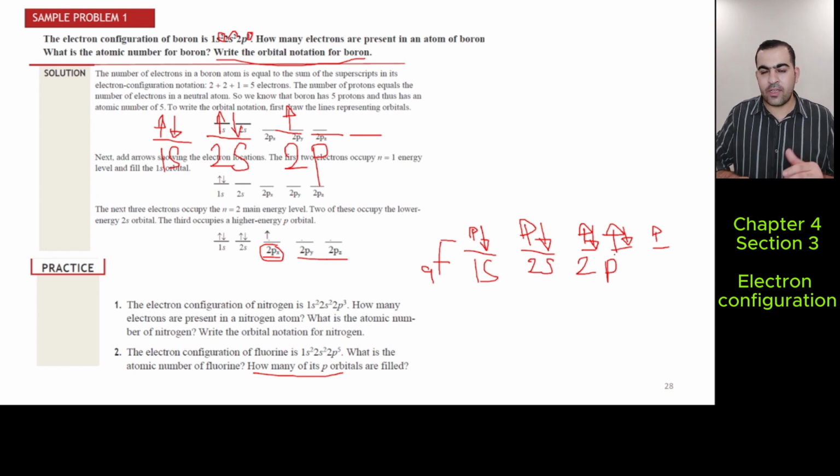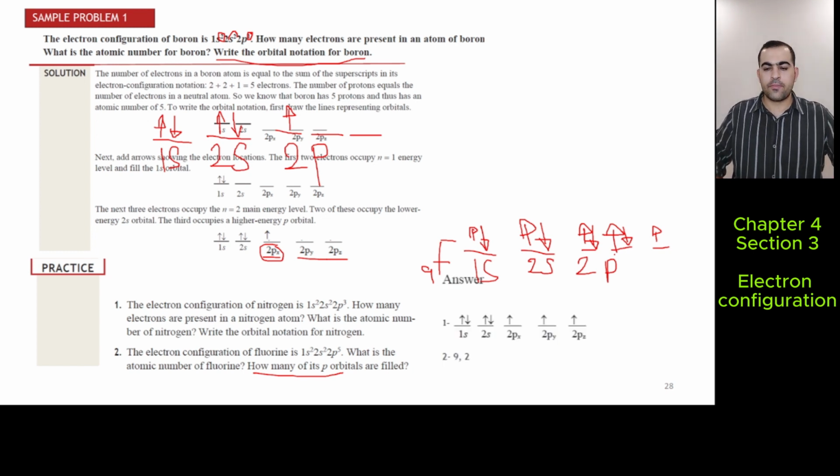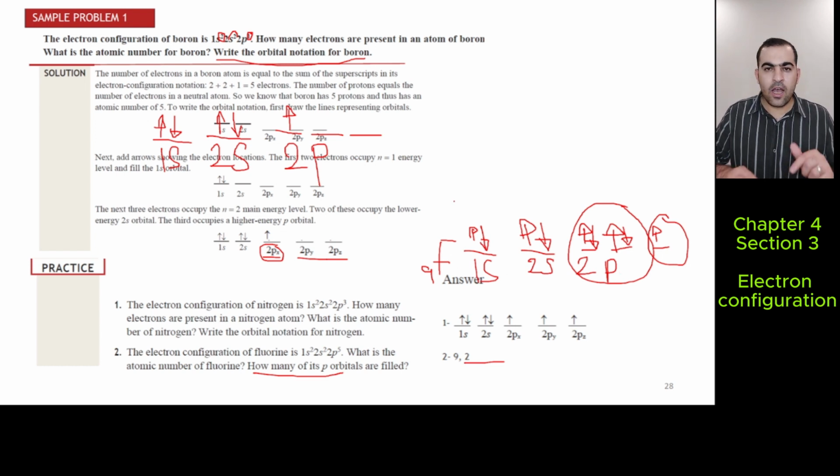When there are 2 electrons, paired electrons mean filled. Unpaired means 1 electron, it's unfilled, half filled. Here are the answers. 2 of them are completely filled. 1 of the p orbitals is not filled. What about these 2? If it asks how many orbitals of the fluorine atom are filled: 1, 2, 3, 4.